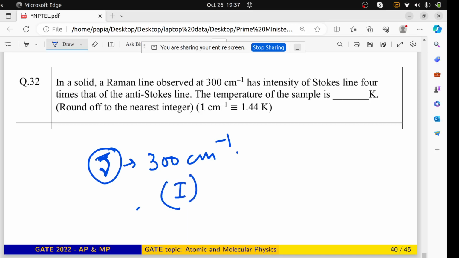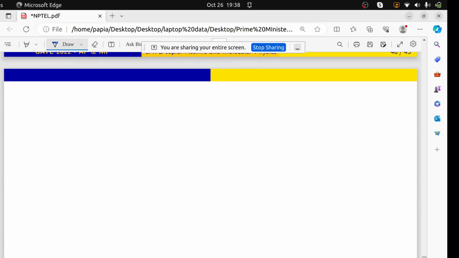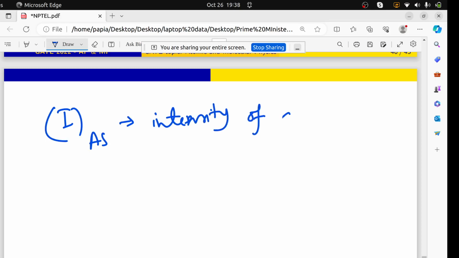Let us write here IS as intensity of Stokes line, and IAS as intensity of anti-Stokes line.